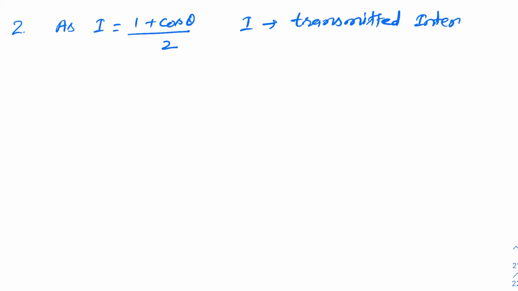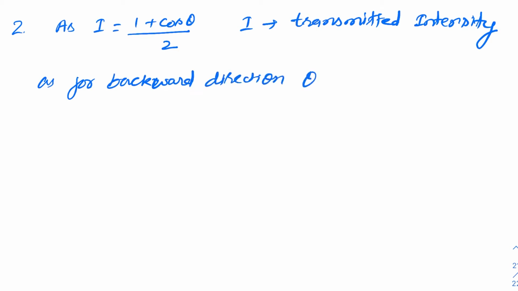As we know, intensity I is equal to (1 + cos θ)/2. Here I is the transmitted intensity. For the backward direction, θ is 180 degrees.